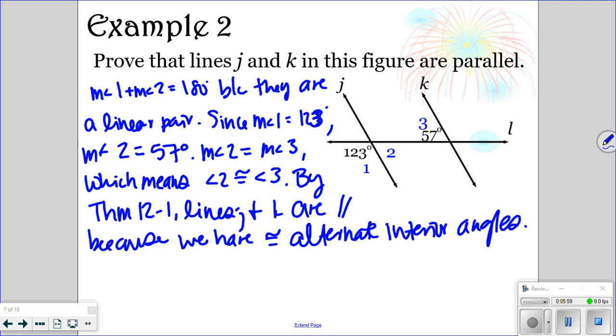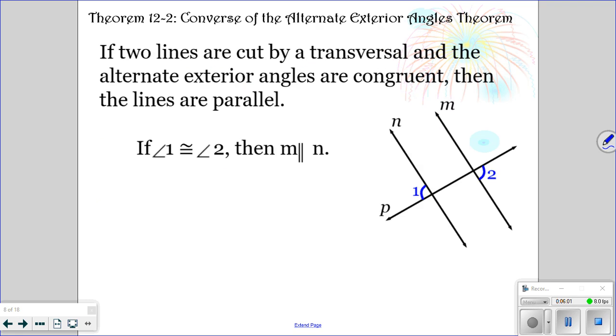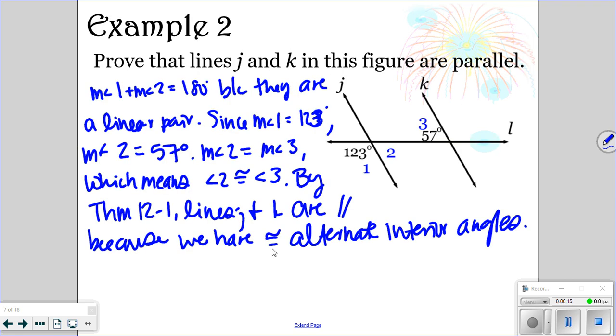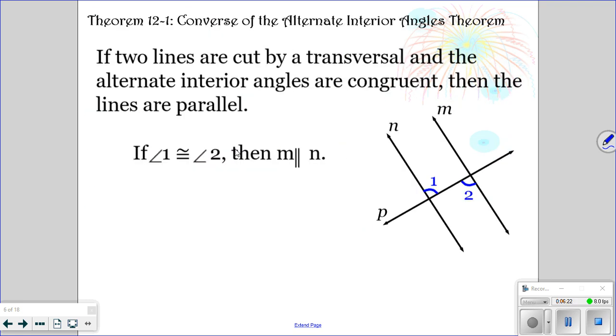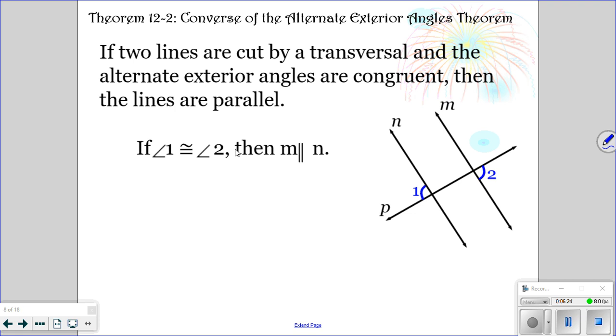Okay? So now we're going to look at the next theorem, theorem 12.2, the converse of the alternate exterior angles theorem. So you can refer to it as theorem 12.2 or the converse of the alternate exterior angles theorem. I am writing theorem 12.1 here and postulate 12 because those are much shorter than the names of the theorems.